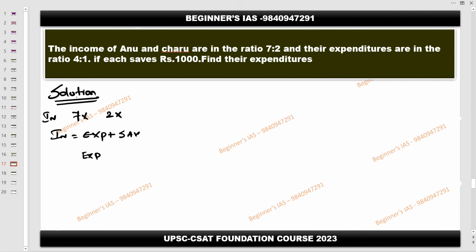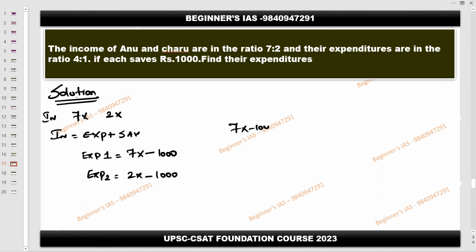So therefore the expenditure of the first person is equal to 7x minus 1000. The expenditure of the second person is equal to 2x minus 1000.